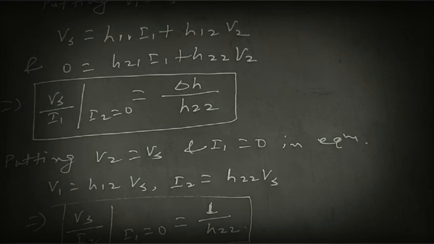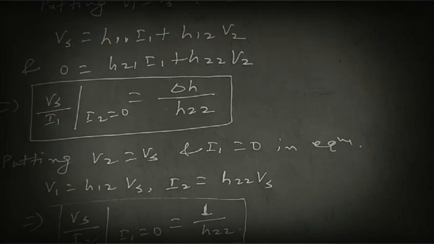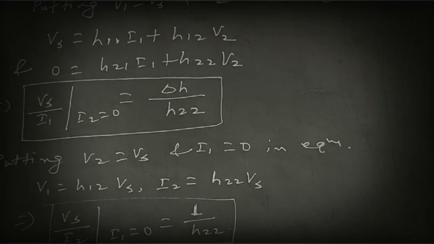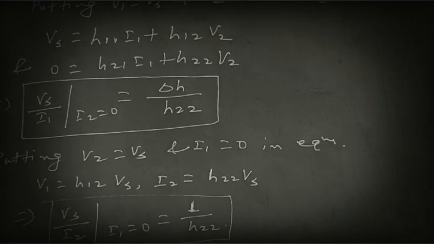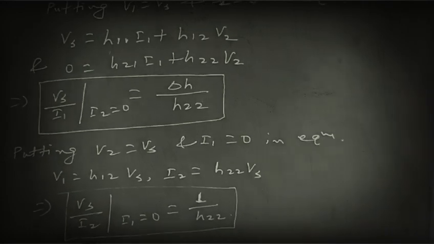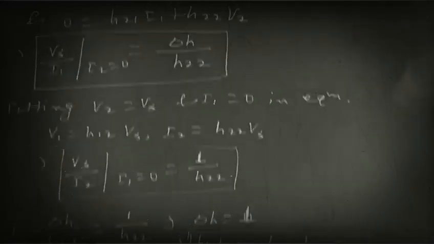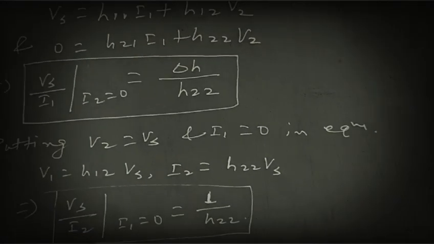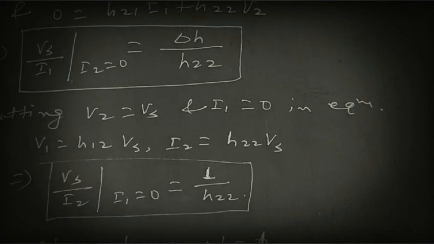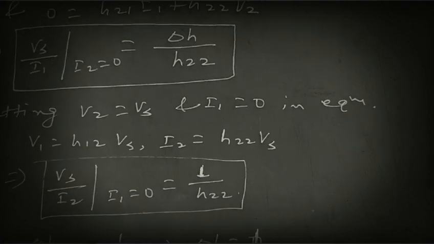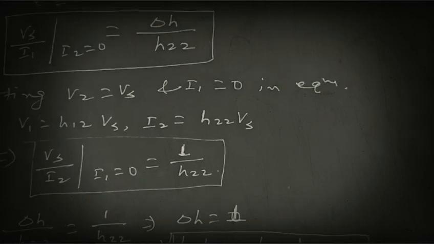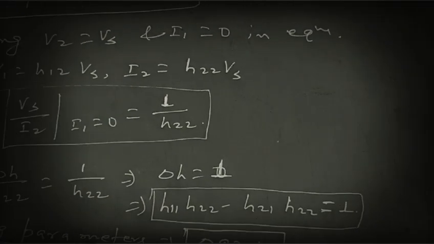So from here we get Vs divided by I2 is equal to 1 divided by H22. When we compare these two equations, H22 in the denominator is common, so it will be cancelled out. So the condition for symmetricity will be del H equal to 1.